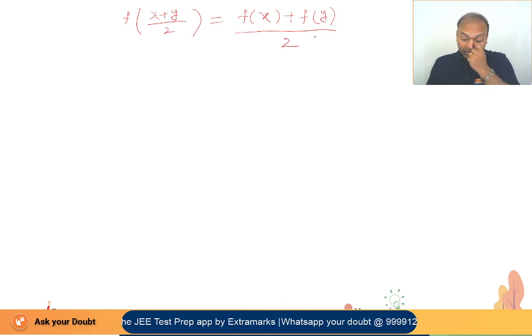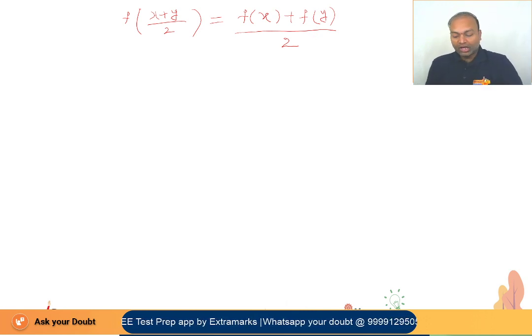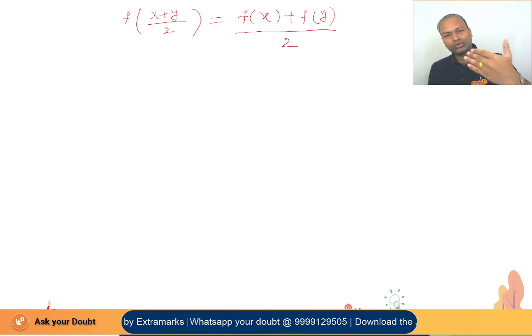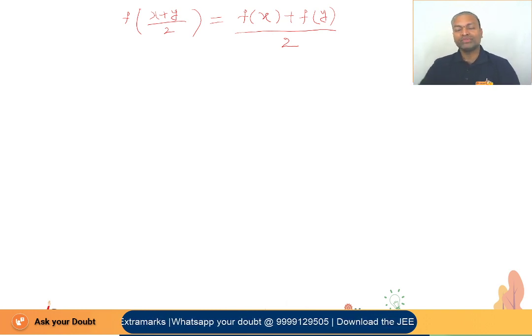Third method: here I am differentiating this equation with respect to x partially. Differentiate with respect to x or y. Now I am differentiating this equation with respect to x partially.